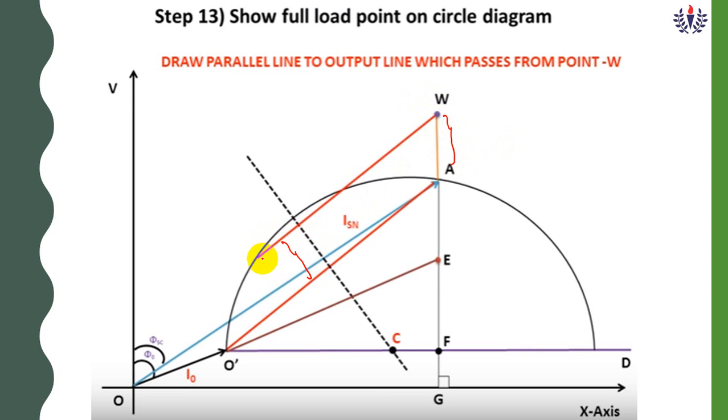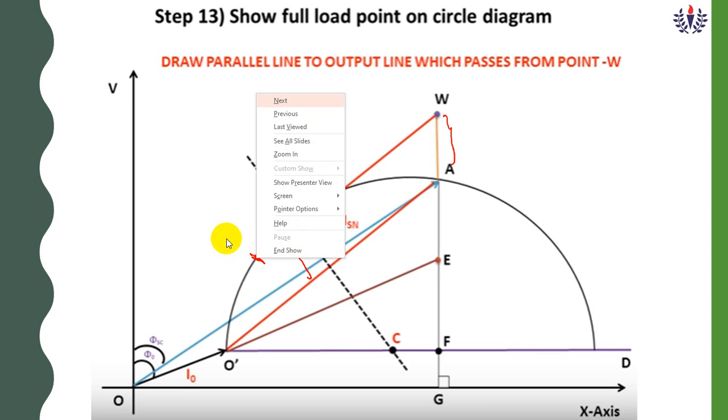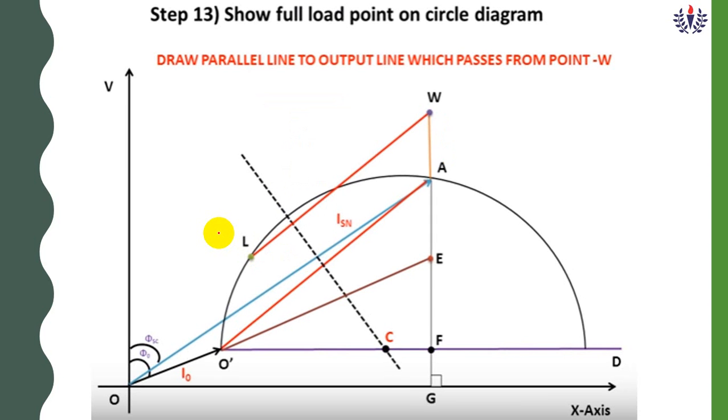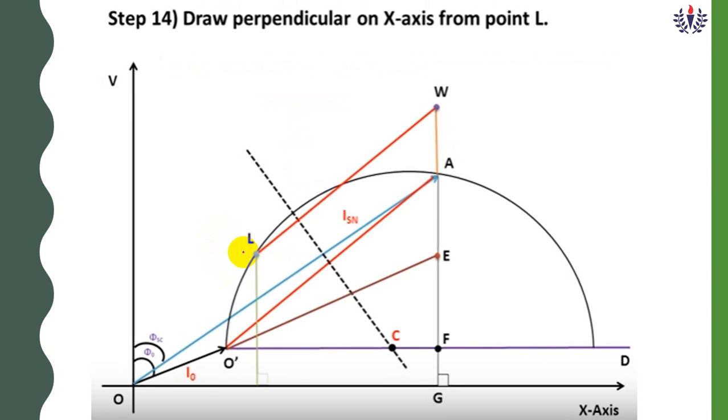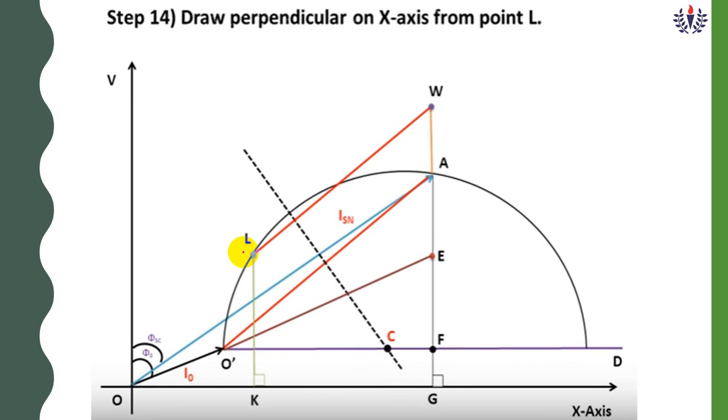Once this line touches the circle, we mention this point as L. From L again you have to project it down, L to K.